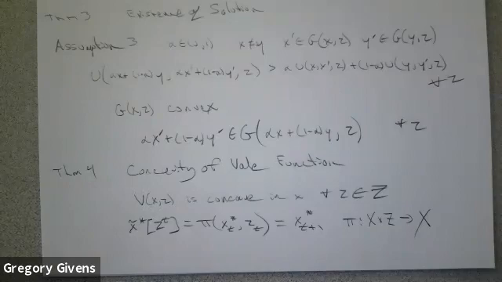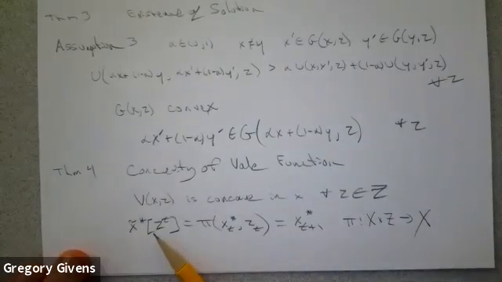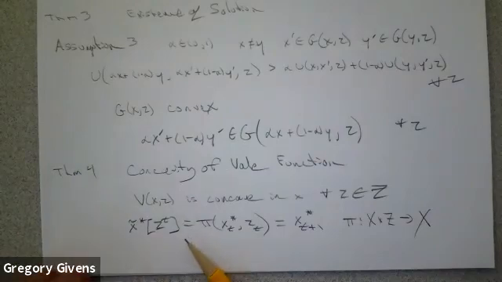The state set has to be compact, and the utility function has to be continuous and concave, and the constraint set has to be convex. Given those very standard assumptions about extremum problems, we can establish the existence and uniqueness of not only the value function v, but also of the policy function pi.